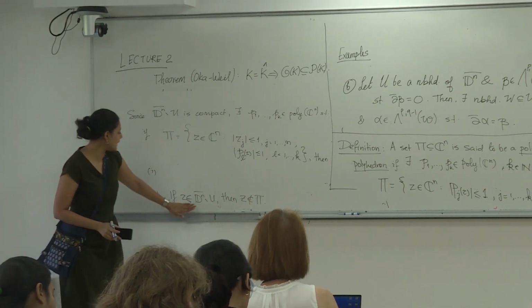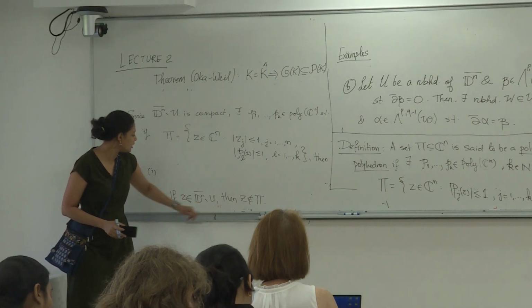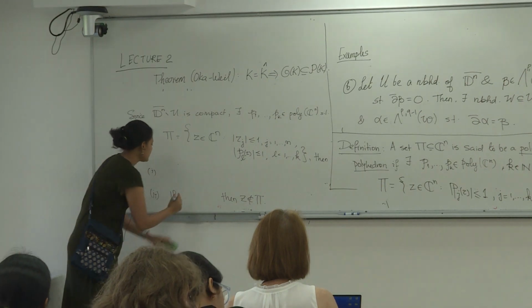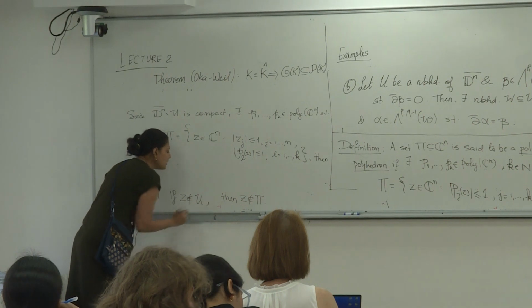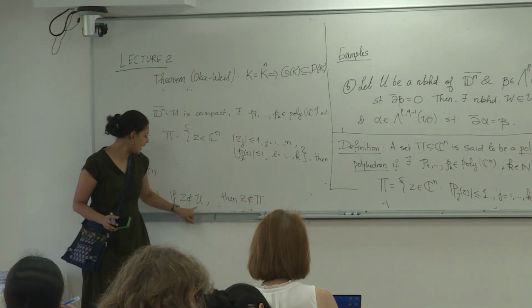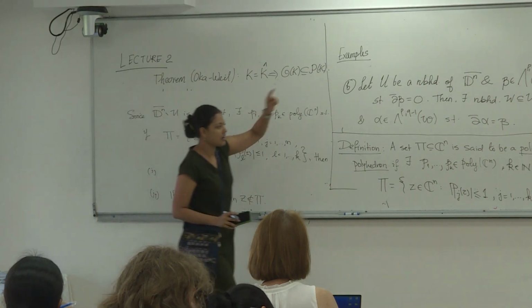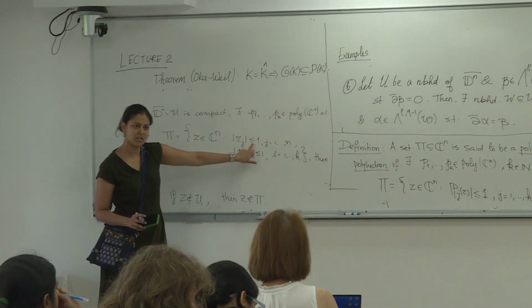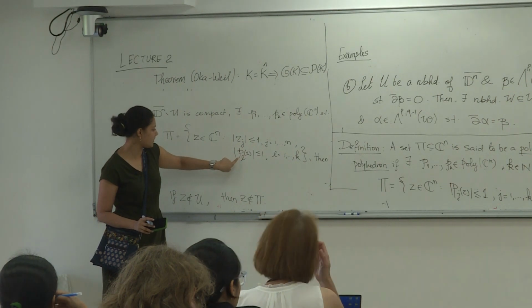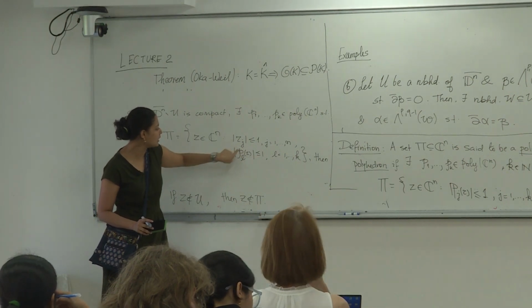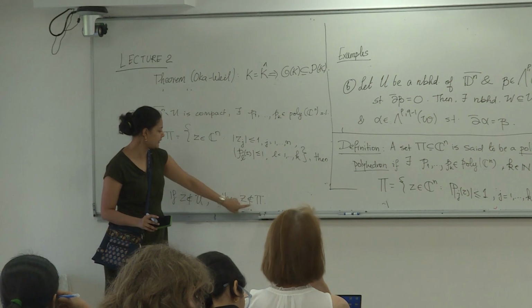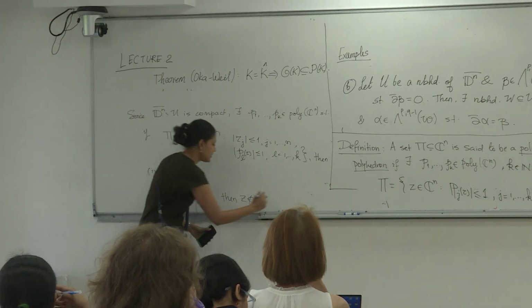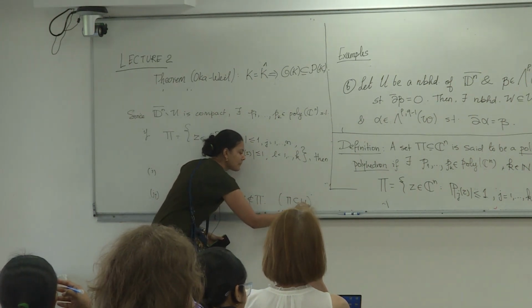So anything which is not in U, in fact, let me write it like this: if Z is not in U, then it is not in Pi. So why is that? If it's not in U, either it's not in the polydisk, in which case it violates one of these, or if it is in the polydisk, then there's at least one polynomial where this inequality is violated, so it's not going to land up over here. Okay, so this is just another way of saying that Pi is in U.